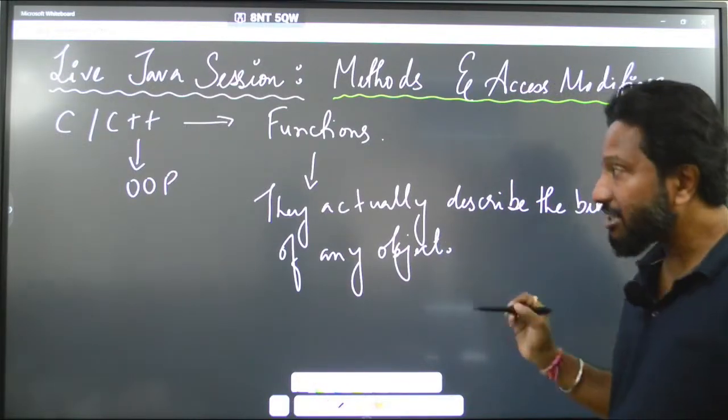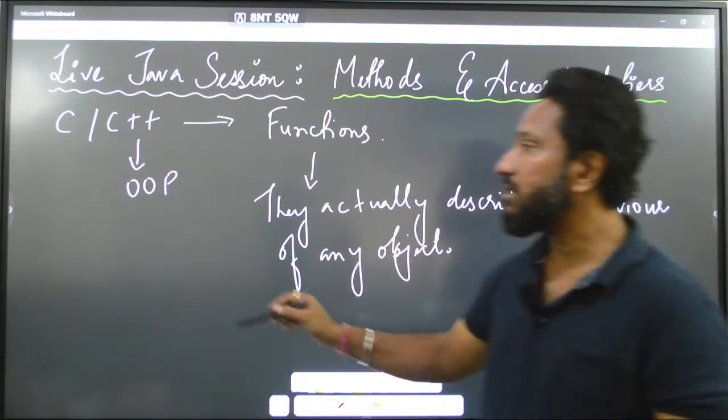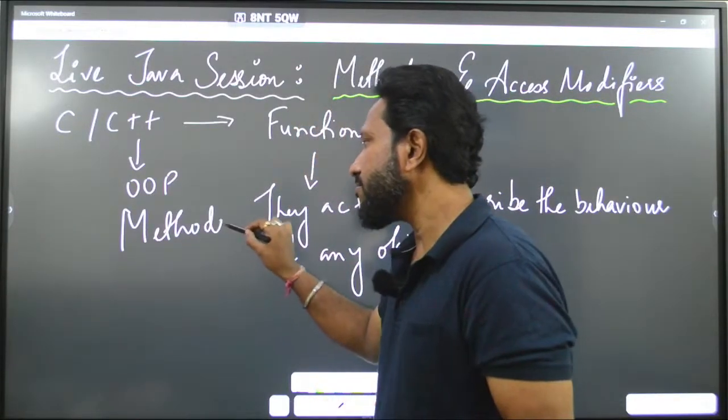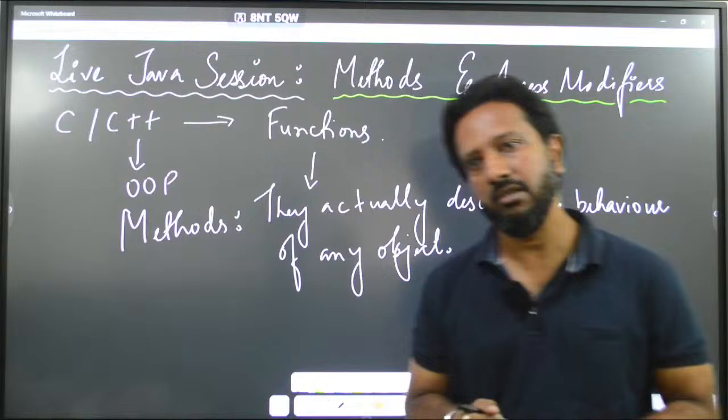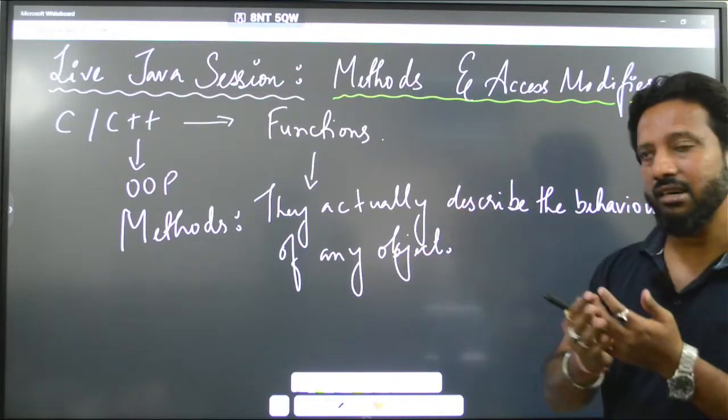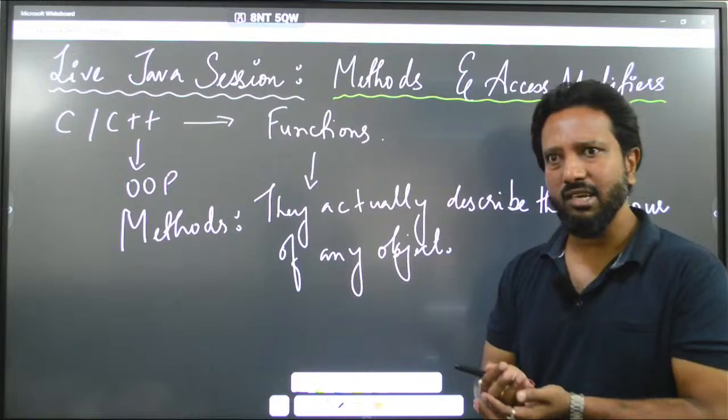That's why they are called methods. In case of object oriented languages, they are called methods. Fine. So let's start with calling them functions only, then we will go on to that.